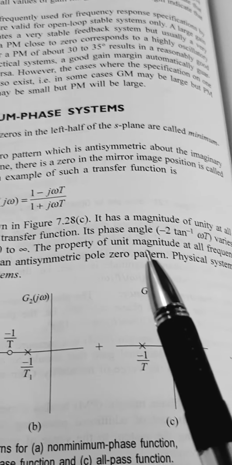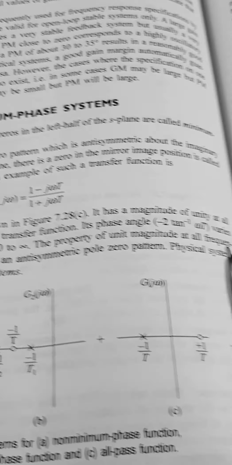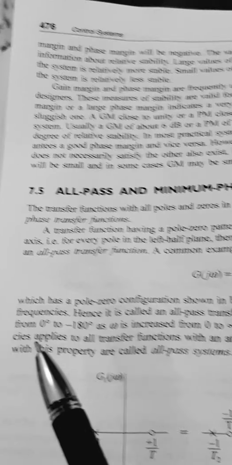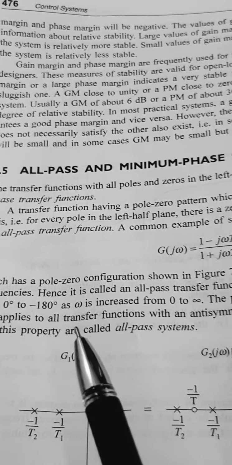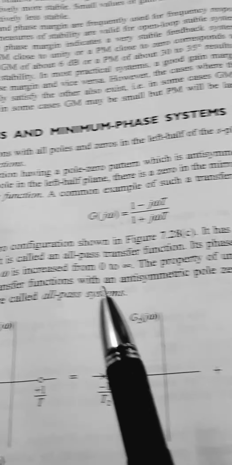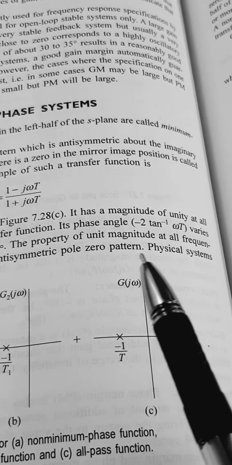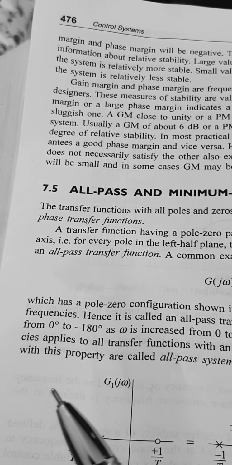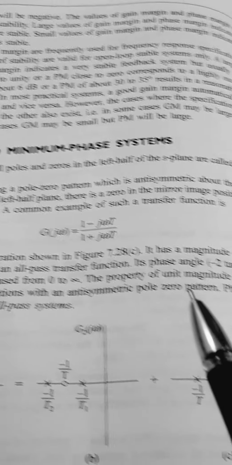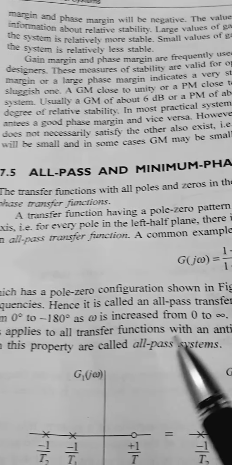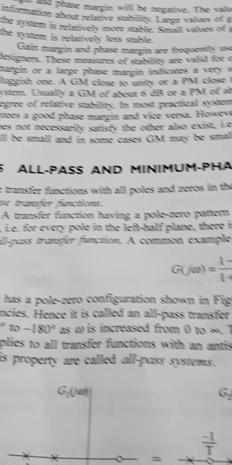The property of unit magnitude at all the frequencies applies to all transfer functions with an anti-symmetric pole-zero pattern. The physical systems with this property are called all-pass systems.